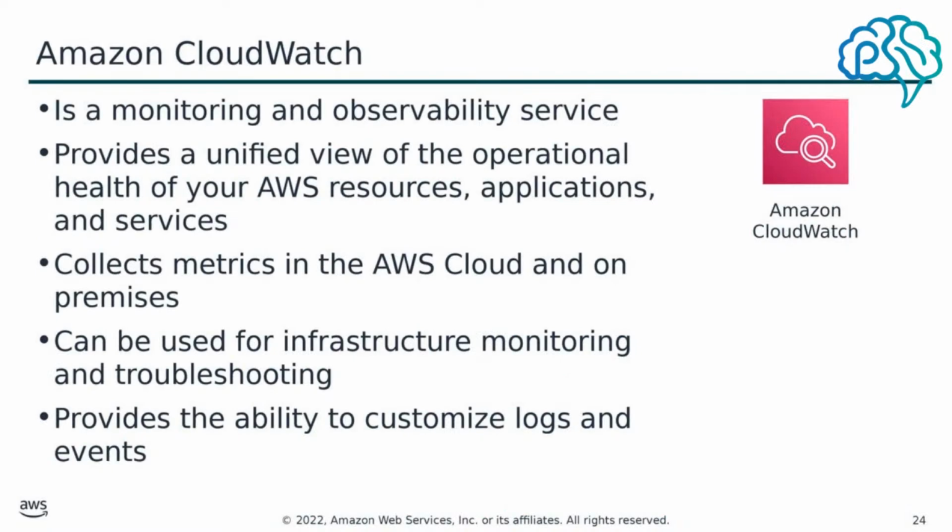Okay, let's get into monitoring and reporting here next. And that's really the key capability of CloudWatch. It's a comprehensive monitoring, logging, and event stream processing service that enables you to observe the entire AWS environment.